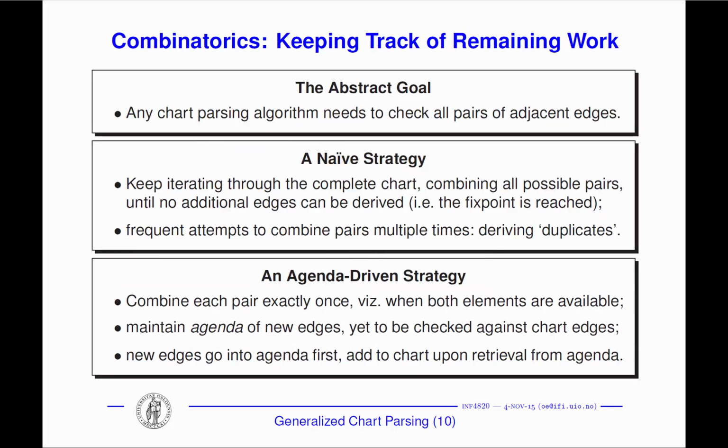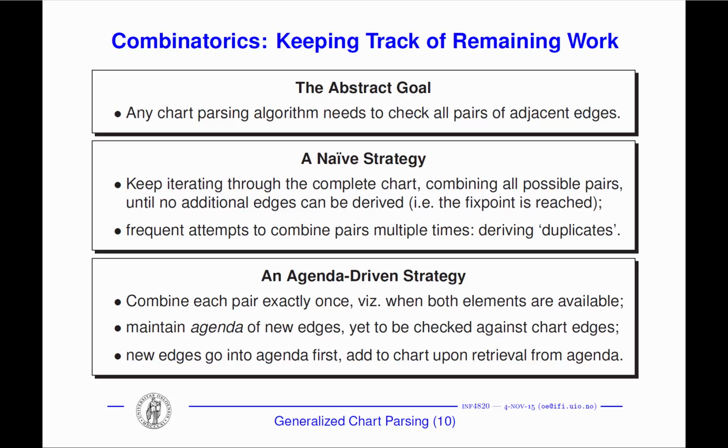So that is effectively all we need, the combination of a chart and an agenda, to achieve the goals that we set out in wanting to generalize the CKY algorithm to generalized chart parsing. Now we are free to design an agenda that gives us the order of computation that we find most beneficial.